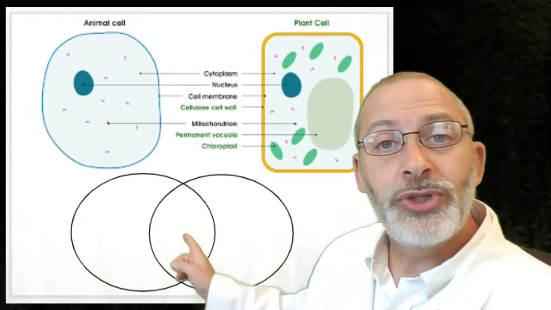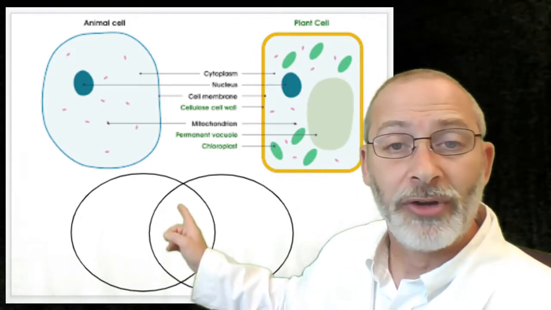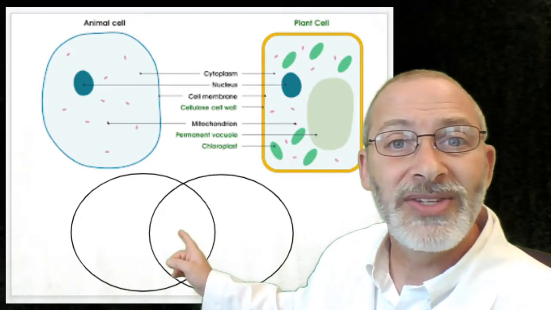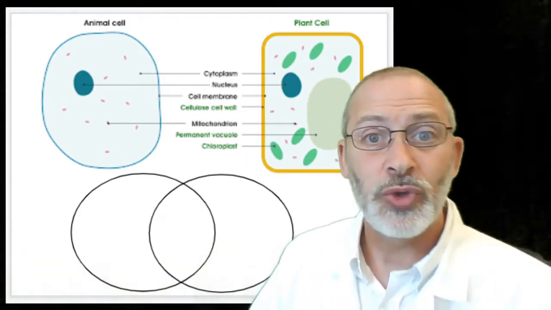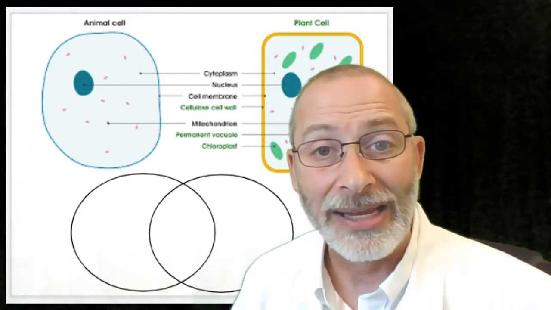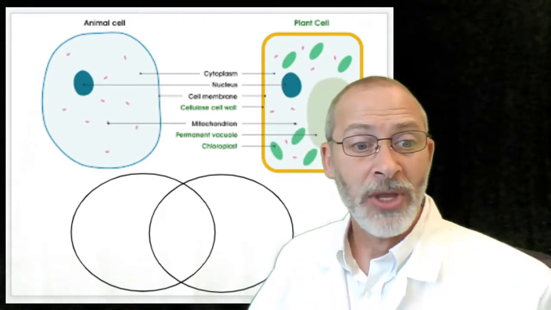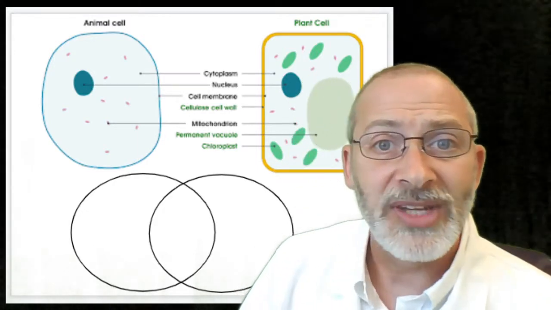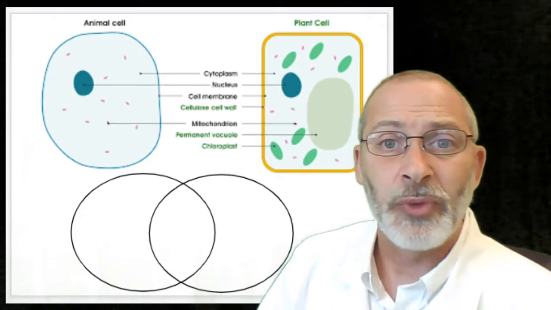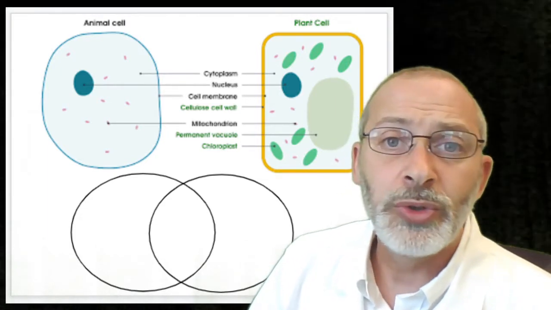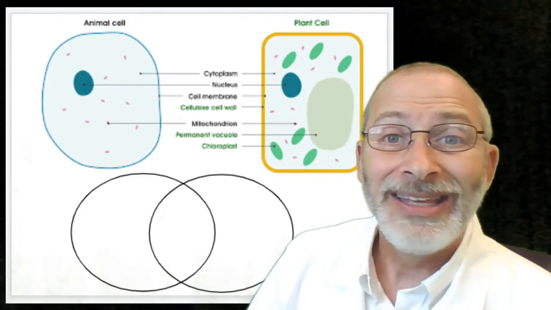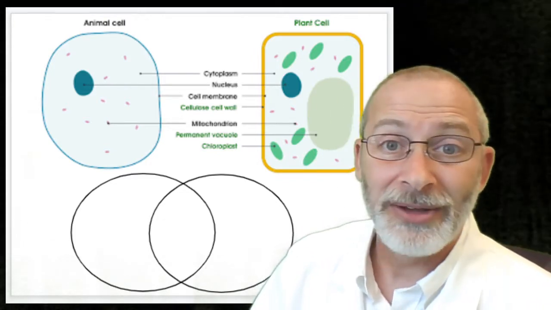The part where the two circles join, however, this is your opportunity to list things where there are similarities between both plant and animal cells. So I'm going to give you a few moments now to discuss and write down what you think might be appropriate to complete your Venn diagram. So pause now and continue.